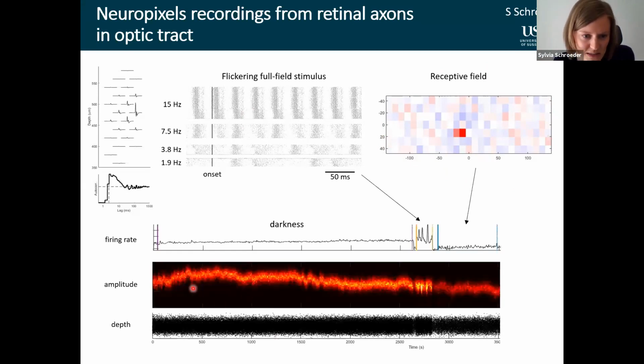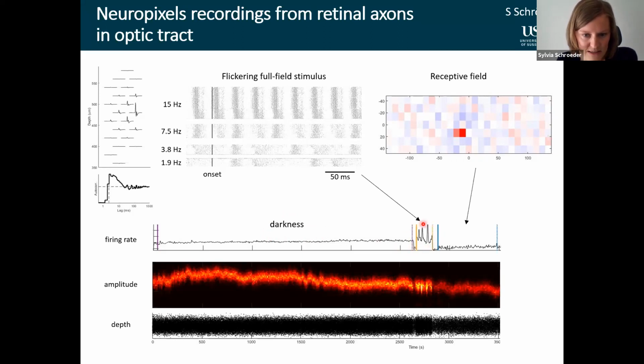And here you can see some data from a long part of the recording. On the x-axis is time. The first plot is the firing rate of this single neuron. For a long time, we just recorded this unit during complete darkness, so the mouse didn't get any visual input.